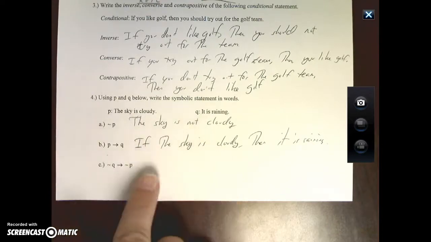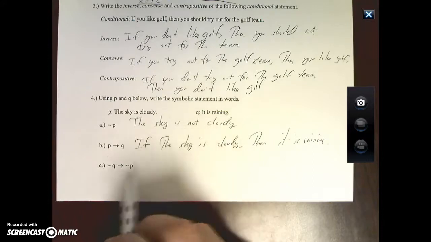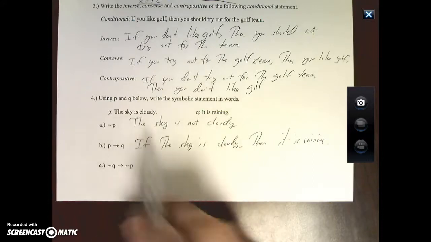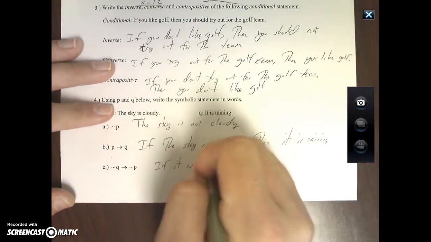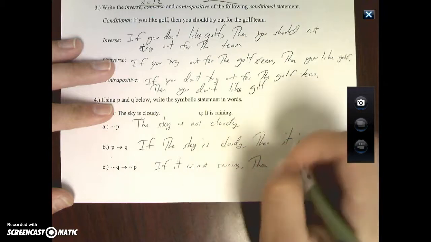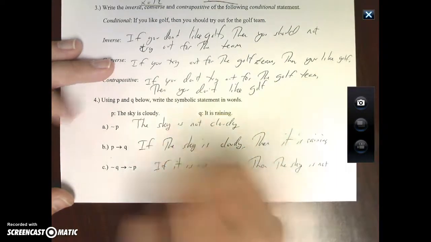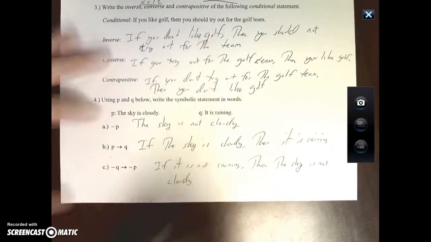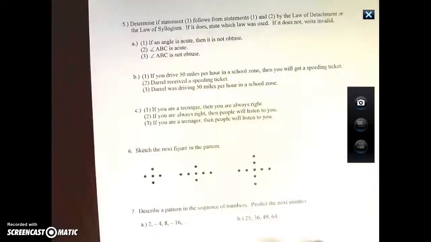This is actually your contrapositive. If it is not raining, because of the squiggly, then the sky is not cloudy. Okay? Very good.